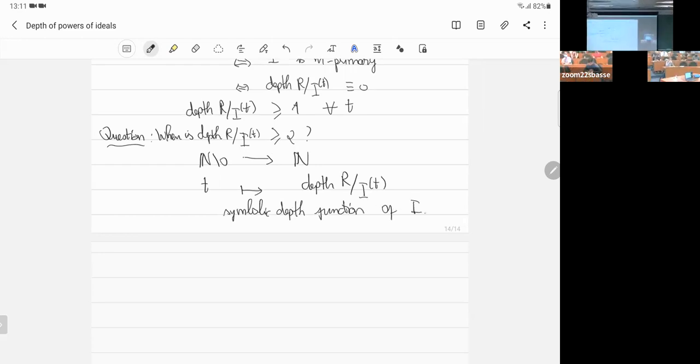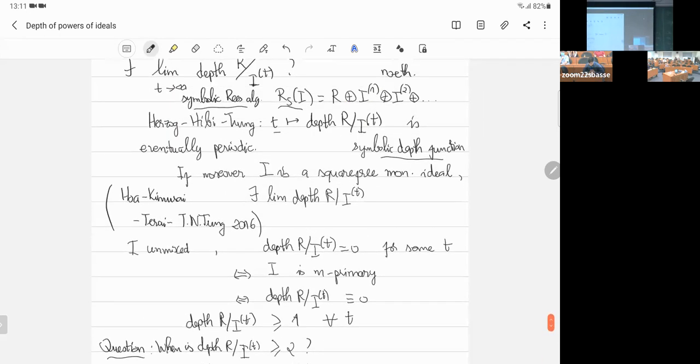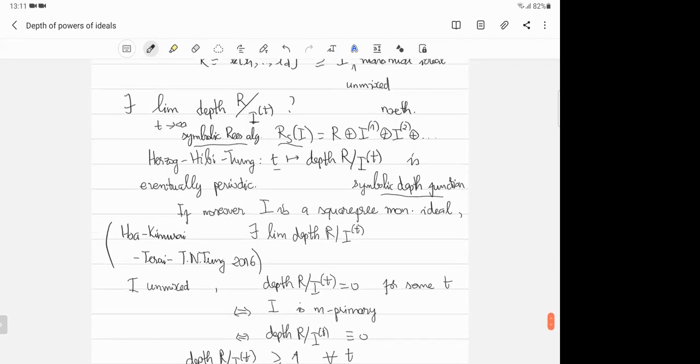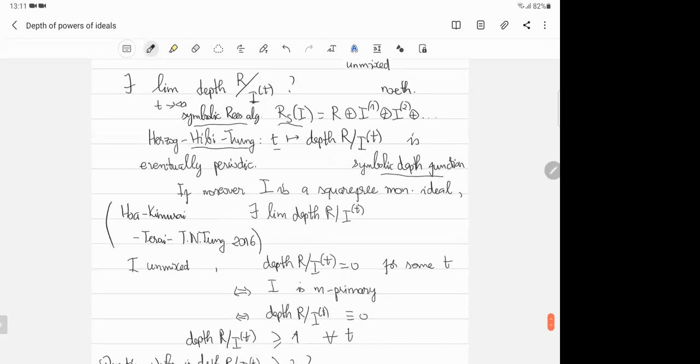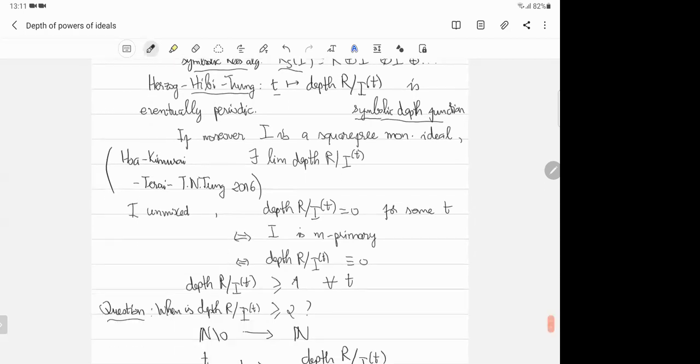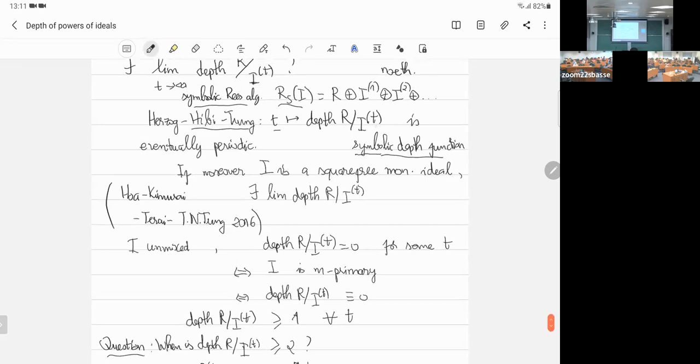Okay, thank you. So this result tells you that this symbolic depth function is eventually periodic.